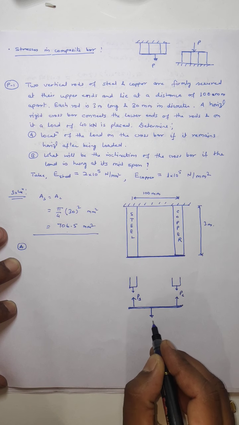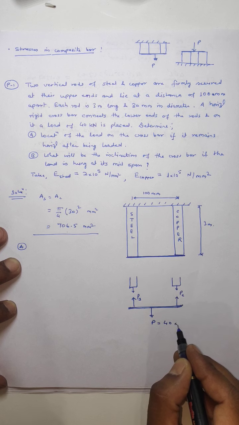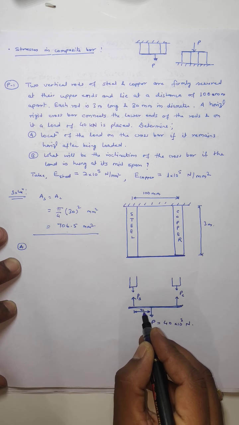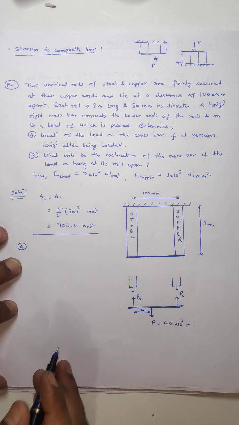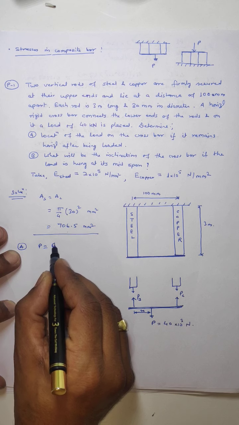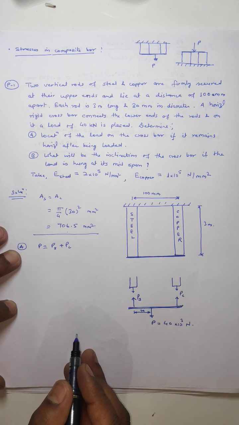Suppose we are applying a total load P, that is 40 kilonewton, 40 into 10 to the power 3 newton at a distance say x from here. So what is the initial thing? The total load P will be equal to load on steel plus load on copper rod.